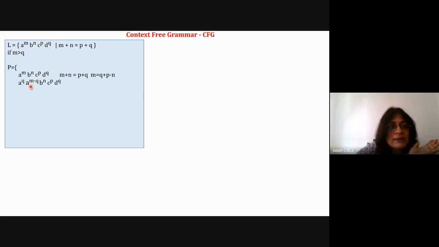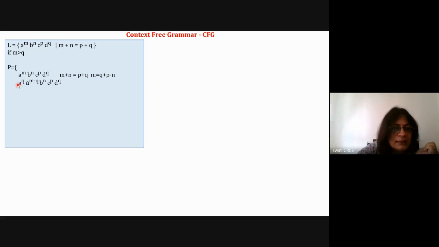Are you understanding? I'm assuming for the first time M is greater than Q. If M is greater than Q, number of A's are greater than number of D's. So I'll split number of A's. Number of A's will be A for Q times and A for M minus Q times, and then B raised to N, C raised to P, and D raised to Q.